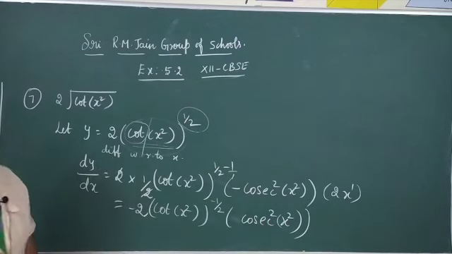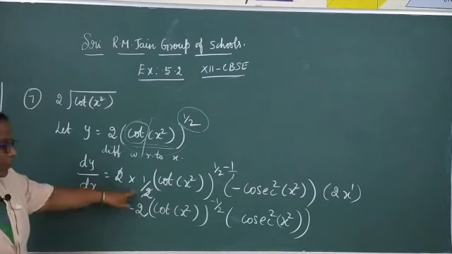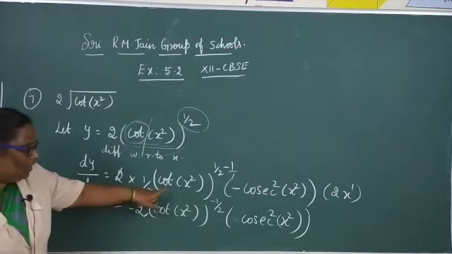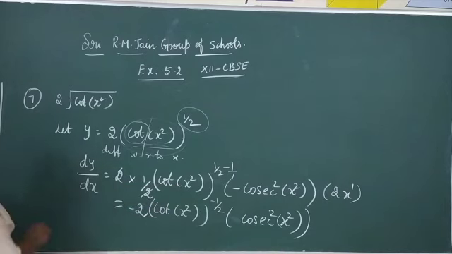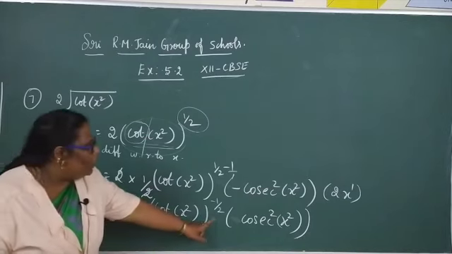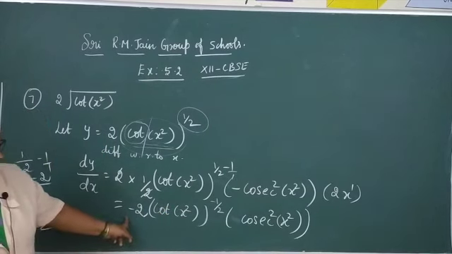See here, 2 gets cancelled. Cot x square, 1 by 2 minus 1, 2 is the LCM, 1 minus 2, minus 1 by 2.